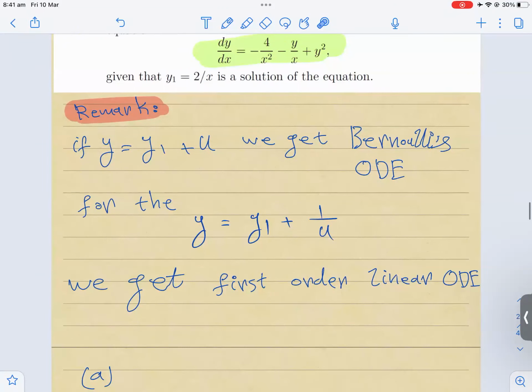Then the derivative will be harder, we've got the fraction. But with some difficulty, instead of reaching the Bernoulli, we will reach a first order linear ODE. After that, you know what to do.